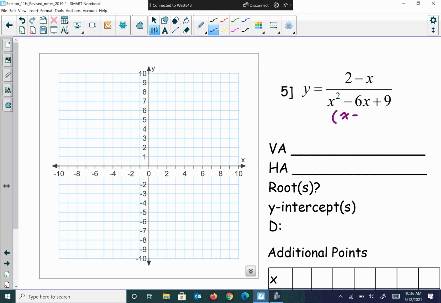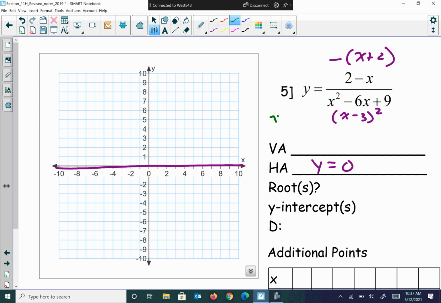And this one's going to be even worse. The bottom factors to x minus 3 quantity squared. On top, I'm going to make this negative x plus 2. The degree on top is less than the degree on bottom, so I'm good with y equals 0. Yeah, but the last one crossed. Yeah, this one might cross too. I don't know. Okay, vertical asymptote.